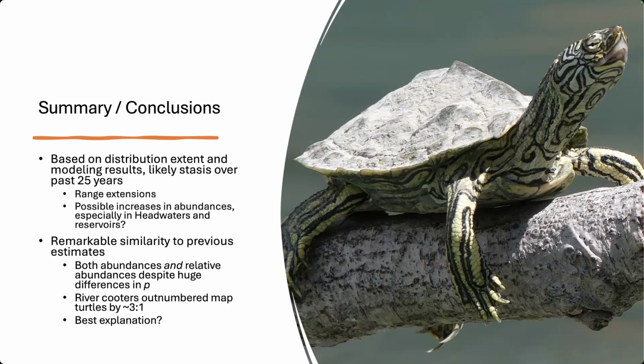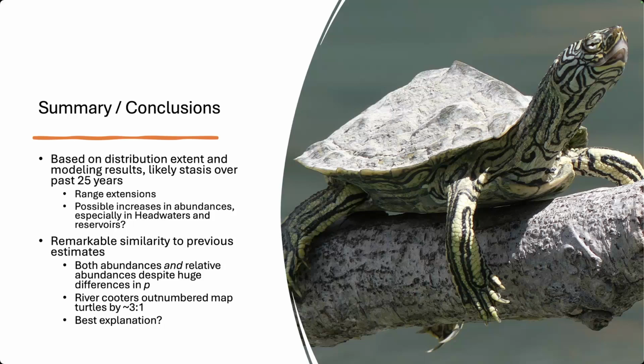What really impressed me about the study is, despite the extreme differences in our methods, and this could of course be complete coincidence, our estimates for actual abundance of Cagle's map turtle and Texas river cooters in the Guadalupe-San Marcos drainage are remarkably similar to what Killebrew found, both in absolute abundance and in relative abundances. And this is despite a huge difference in our detection probability.